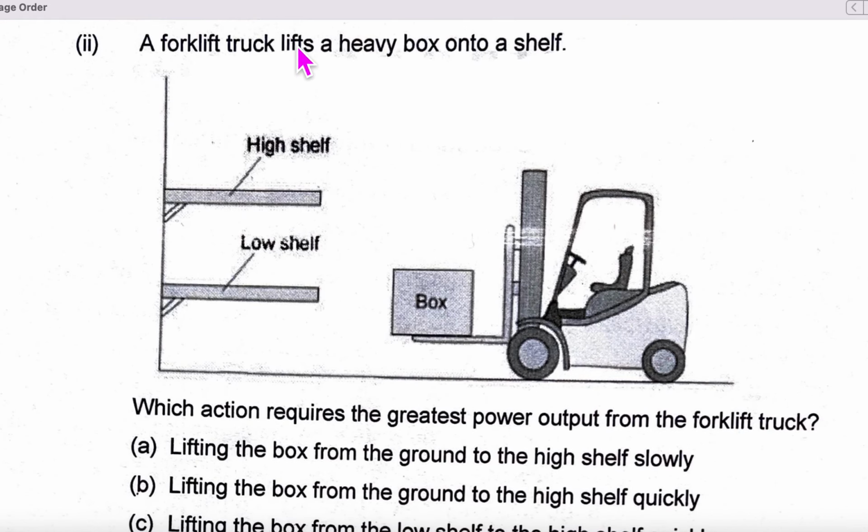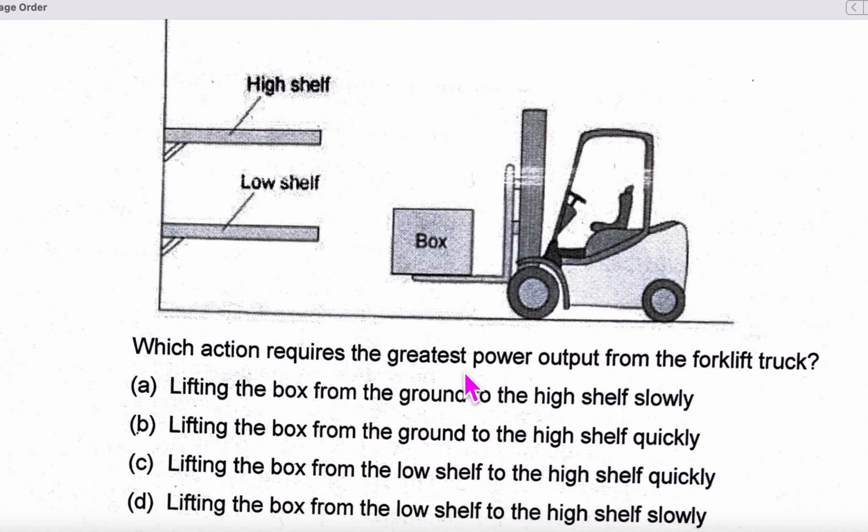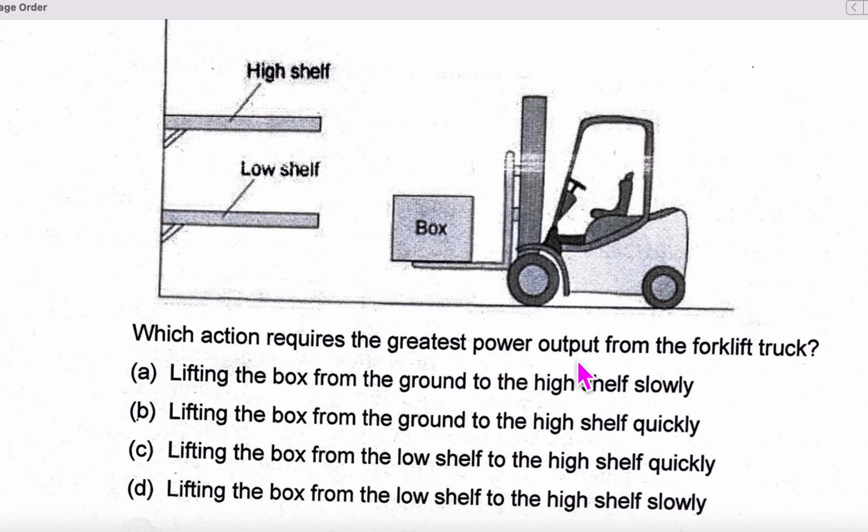There's a forklift. A truck lifts the heavy box onto the shelf. Which action requires greater power output from this truck? Now what is the power output? Your power output is going to be work upon time. Which means if the time is less, then the power will be more.